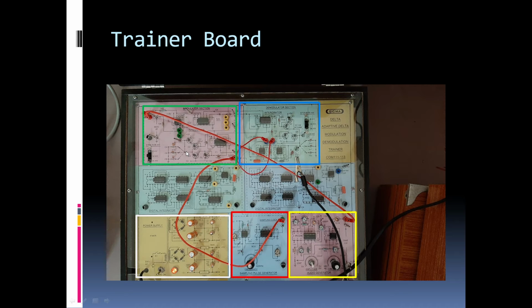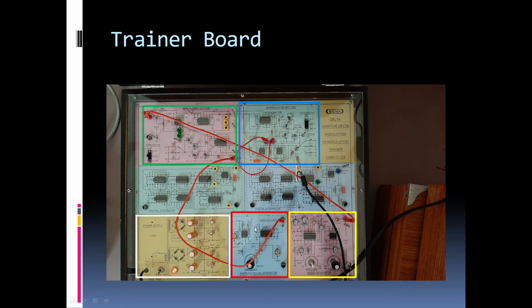The output from the modulator section is given to the delta demodulator section. The delta demodulator section also has a detector and integrator circuit, which is identical to the one used in the modulator section. The integrator circuitry consists of IC 7400 followed by the transistors BC548, in my knowledge.